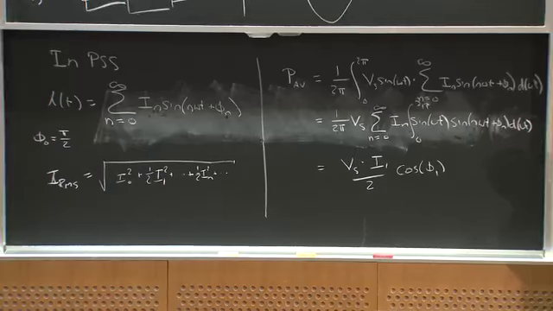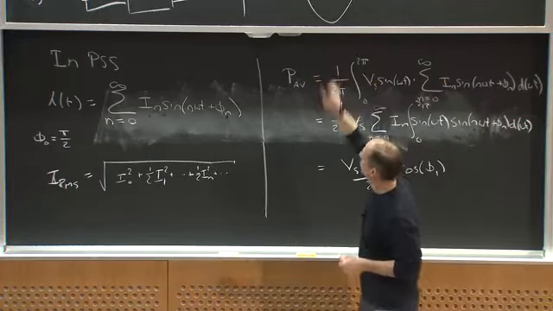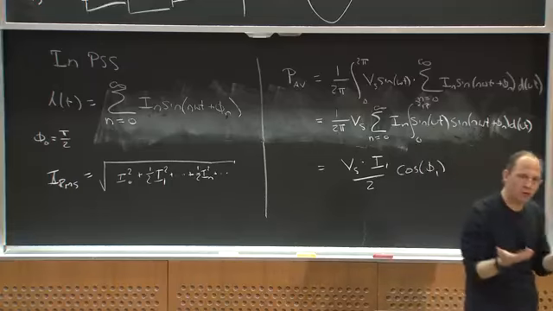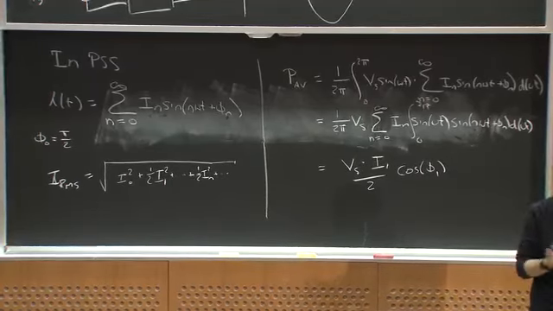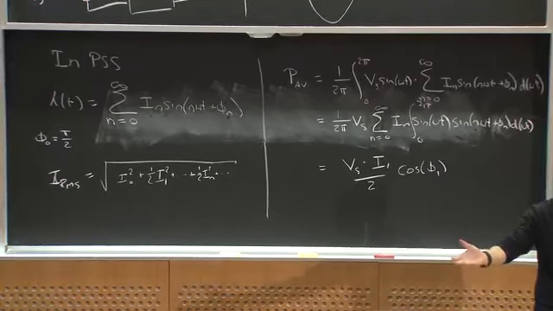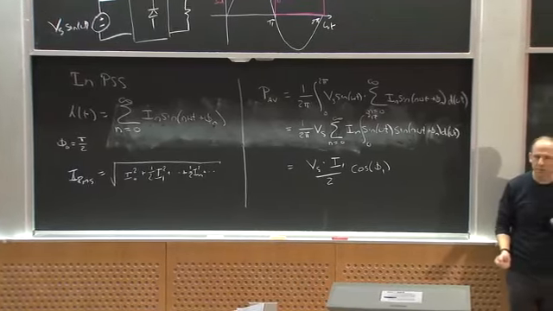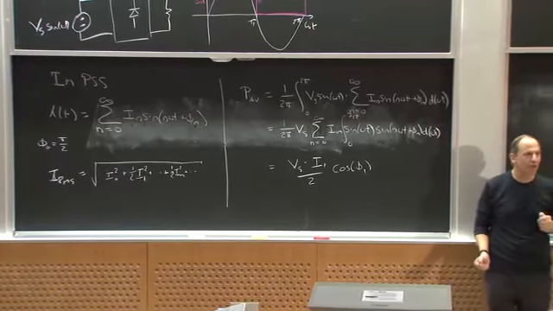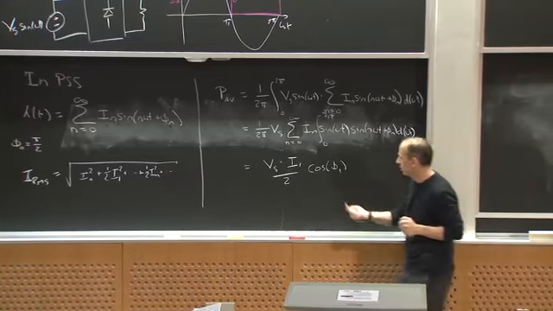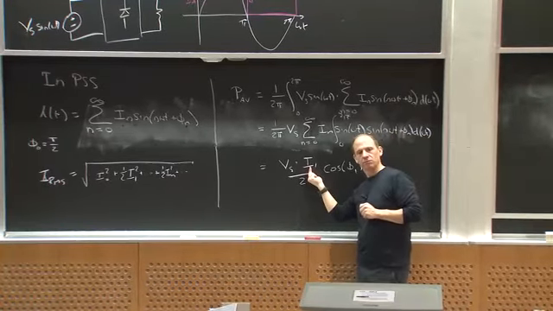So what does this tell me? This says if I have this distorted waveform, it's no longer a sinusoid, this pink current that has a whole bunch of harmonic junk in it, the only part of that that contributes to average power, to real power, is the fundamental of the current.